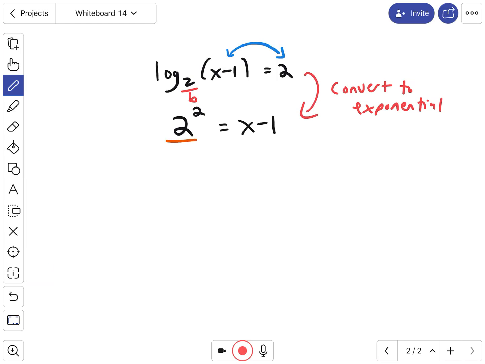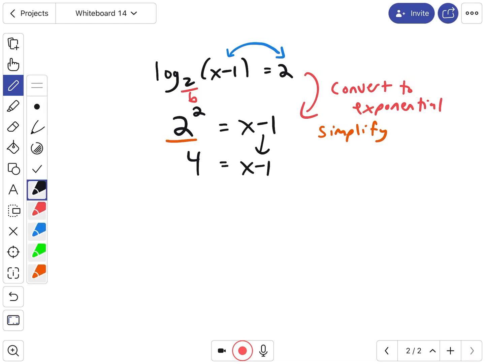Okay, so now we can simplify this. Since this has an x, we can't really simplify it. We can't put it in the calculator to give us a number. But when we convert it, now we have something we can put in the calculator. So 2 squared is 4.